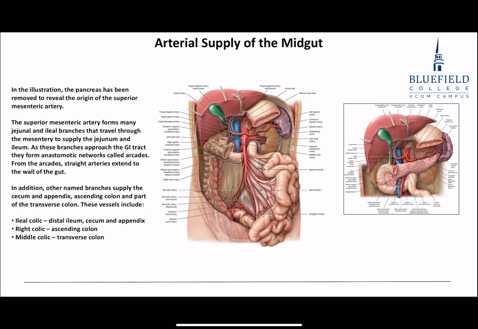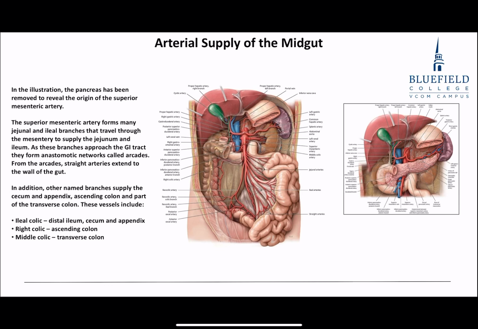We've taken away the parietal peritoneum that would be back here, covering the retroperitoneal organs, and we've also taken away the pancreas. And that allows us then to see the aorta coming down through here. And here's the origin of the superior mesenteric artery. And now we've stripped away some of the visceral peritoneum that was making the mesentery proper.